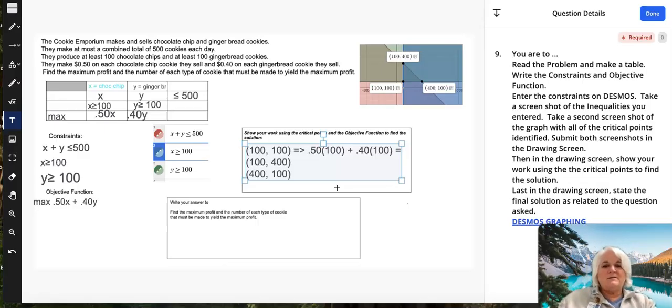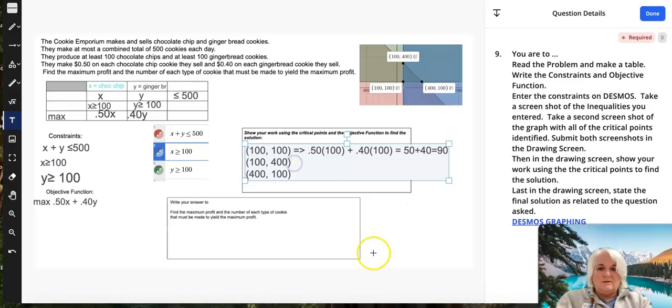If I multiply 0.5 by 10, the 5 goes over, and I lose my decimal, and so that is 50. So I have 50 here, and then 0.40 times 100 would be plus 40, so plus 40. And this is equal to 90 when I add it together.